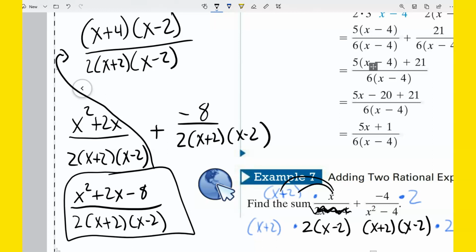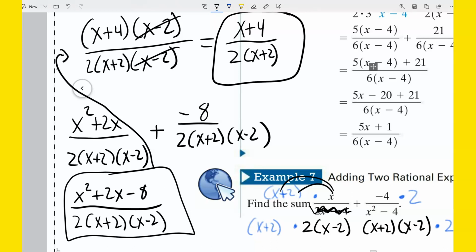All right, now is there anything that can cancel? Yes, the x minus 2's can cancel. So my final reduced answer, in simplest terms, is x plus 4 over 2 times x plus 2. And that's my final simplified answer.